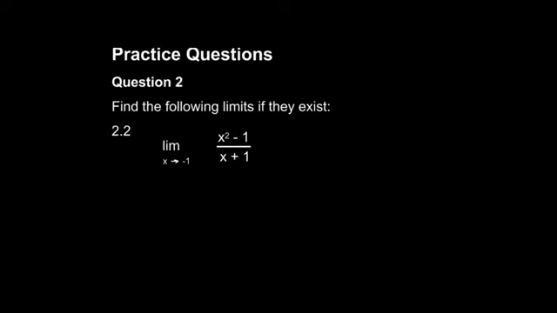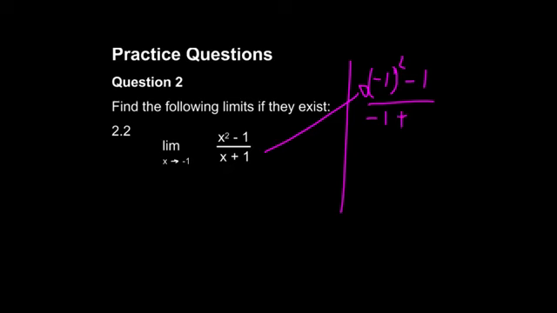Okay. But now, at times, it can get complicated. If you look at your question 2, they're asking you to find the limit as x tends to minus 1. Now, if I were to do it like the first one, and substitute here with minus 1, that is squared minus 1 over minus 1 plus 1, okay?